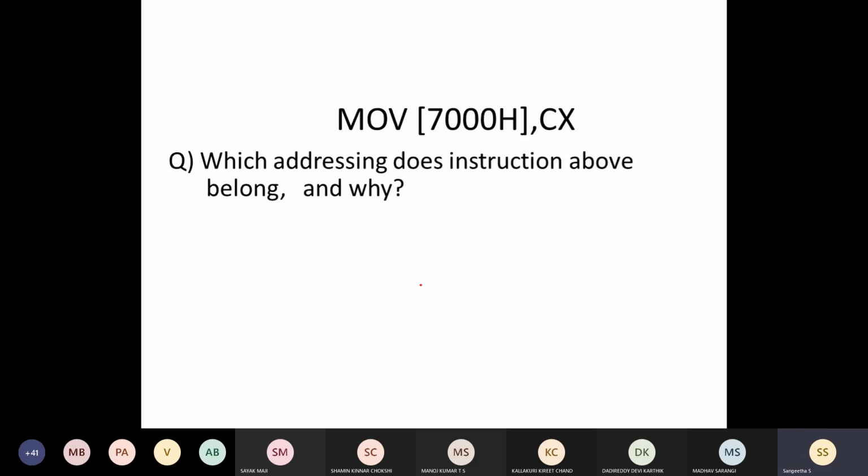What is this addressing mode? Can anyone say? Not able to identify? At least guess. I think I have taken four addressing modes. Can you say which category it comes to?